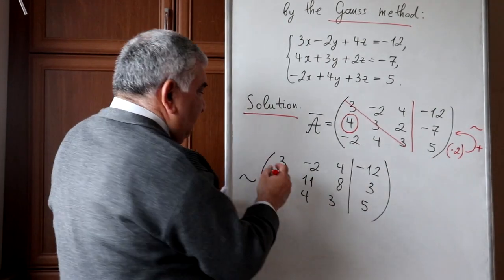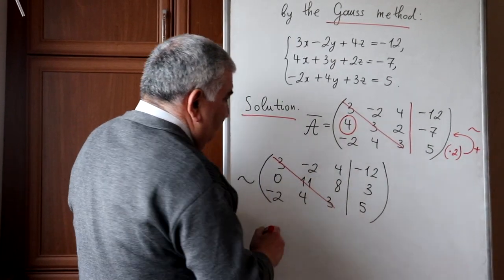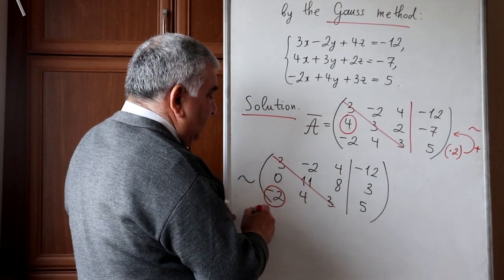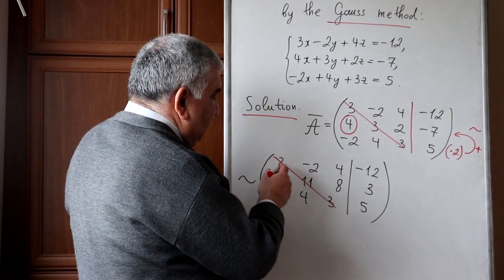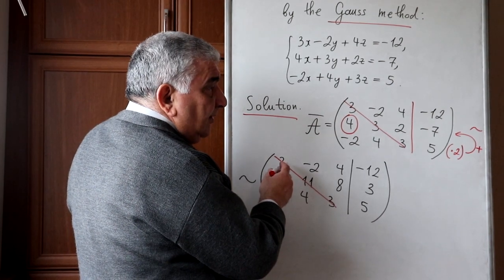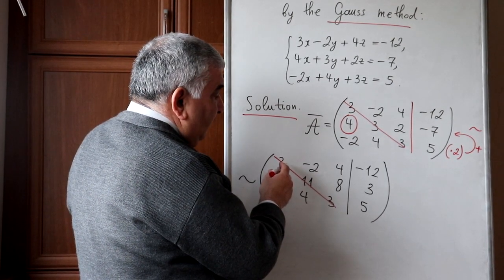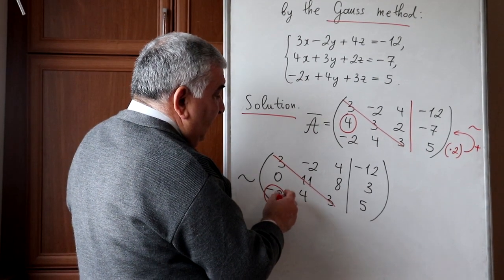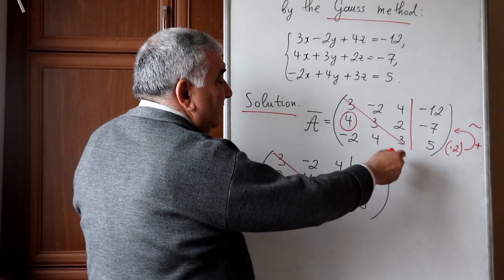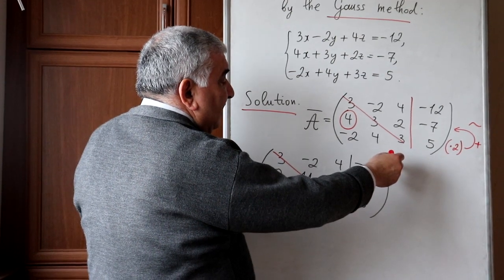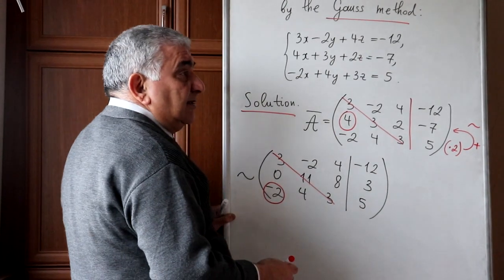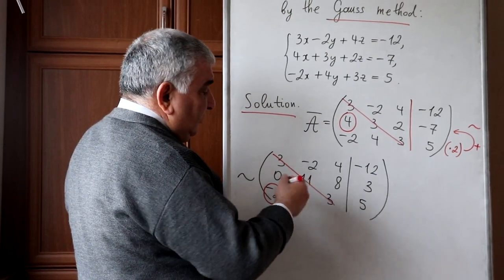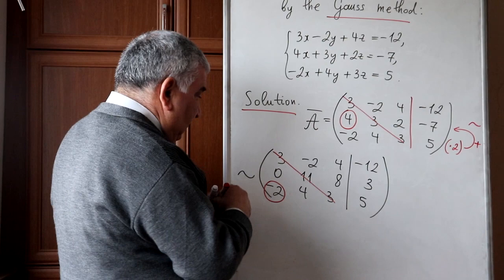Then again mark the main diagonal and transform the element minus 2 into 0. For this, multiply the first row by 2, and third row by 3, and then add the changed first row to the changed third row.